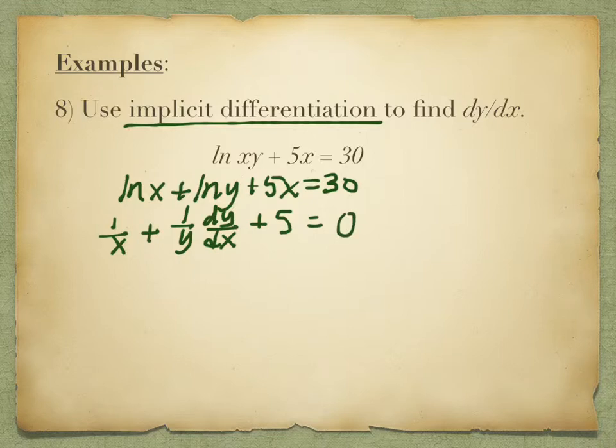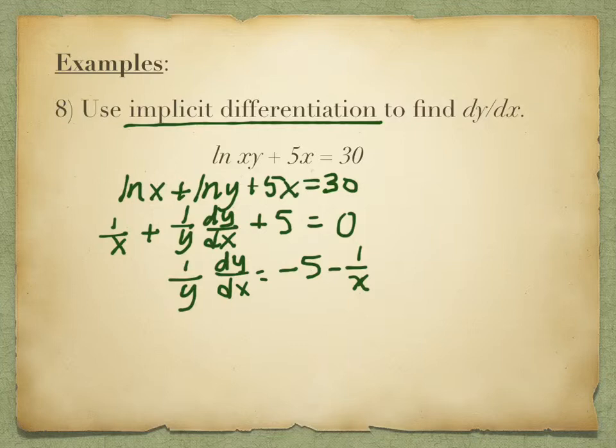So I'm going to be moving everything onto the right-hand side that's not connected with multiplication to that dy/dx. So I'm going to subtract my 5, and I'm going to subtract my 1/x. So I end up with (1/y) dy/dx = -5 - 1/x. The last thing I need to do is multiply the y to the other side.